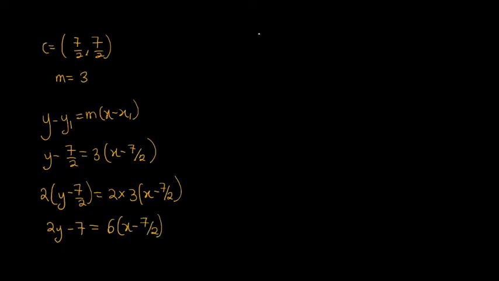So from here I proceed, I have 2y minus 7 is equal to 6 multiplied by x will give me 6x minus 6 multiplied by 7 on 2. 2 will go into itself 1, it will go here 3 times. 3 multiplied by 7 will give us 21.